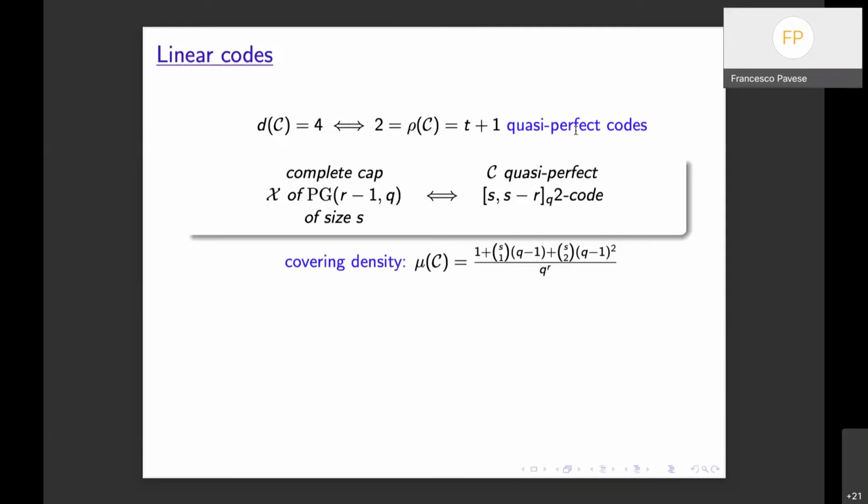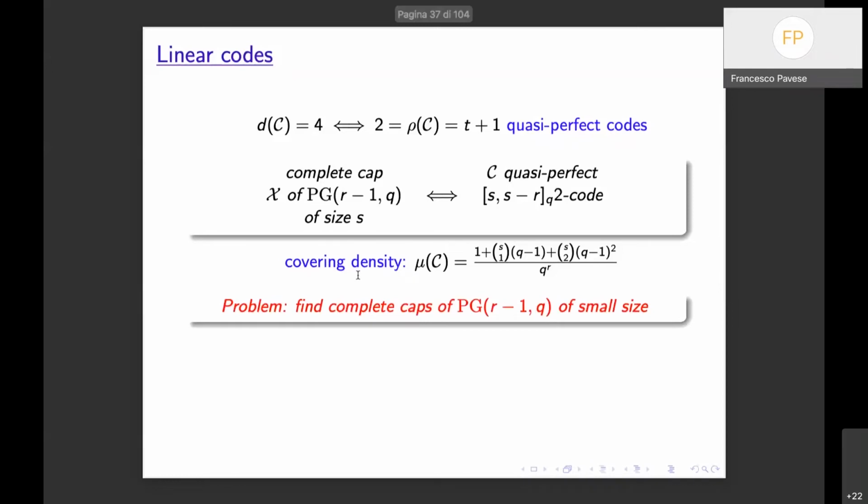Another important parameter for a code is its covering density. That is always greater than or equal to 1, and equals 1 in the case when the code is perfect. And in general, interesting codes have small covering density. So this point of view leads to the important problem of finding complete caps having small size.